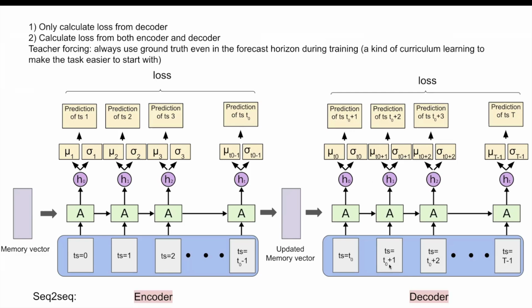So if your input is already very off and you keep making predictions, your predictions will probably be getting worse and worse over time. One way to deal with that is during training, you don't actually use your prediction as input in the forecast horizon. You always use the ground truth that's available. It's only during inference, where your model is already making some good predictions, that you can base your prediction for the next time step on your prediction from the previous time step.